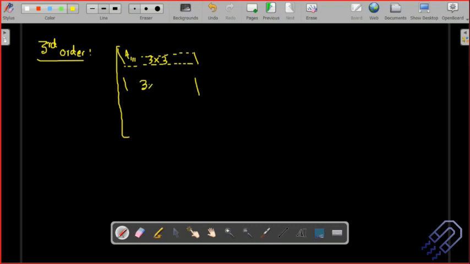There at the bottom you will again get a 3 by 3 matrix, and then again a 3 by 3 matrix. How many terms here? 9. How many terms here? 9. How many terms here? 9. So you're going to write down a 3 by 3 matrix here, a 3 by 3 matrix here, a 3 by 3 matrix here, one below the other, not one by the side of the other.